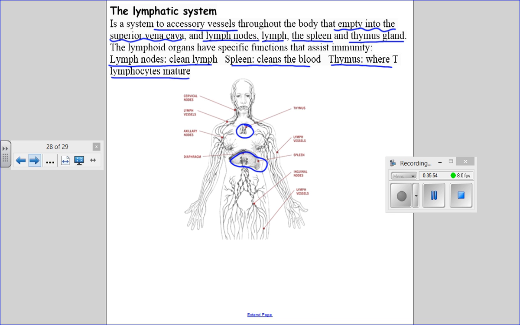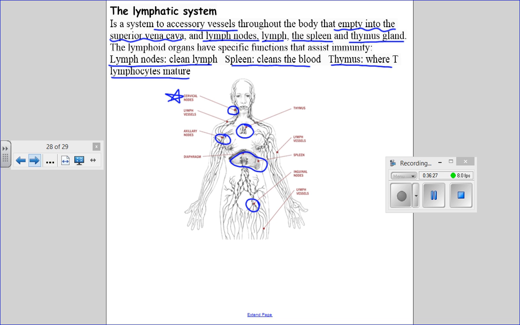So you have lymph nodes in your neck. You have lymph nodes in your armpits. You have lymph nodes down there in your groin. And then you have vessels all over the place attaching these things to each other. Something that the doctor will often check, and I know this from personal experience because my lymph nodes are continuously swollen because of my tonsillitis, is your cervical lymph nodes, the ones in your neck, kind of right underneath your jaw.